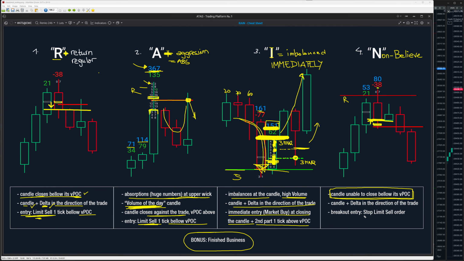That's why it's number 4, and I encourage you to trade the first, second, and third one, unless you are very familiar with the fourth one and you understand the reasons and you are able to open a stop limit sell order. It's a special order in ATAS, and you place the entry 1 tick below the VPOC and you trade the breakout and you place the stop loss here, obviously.